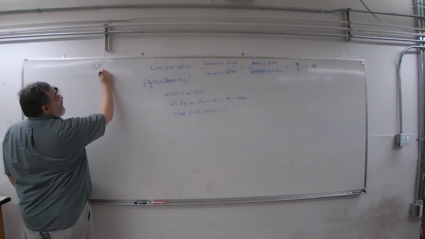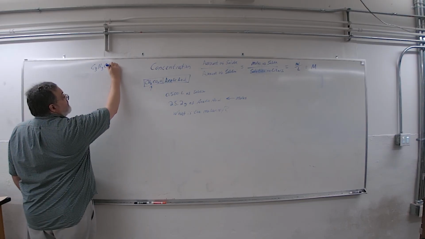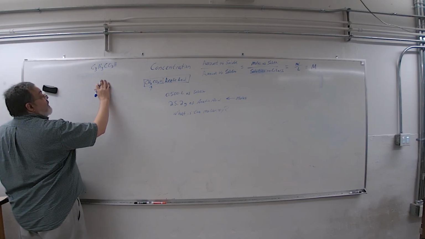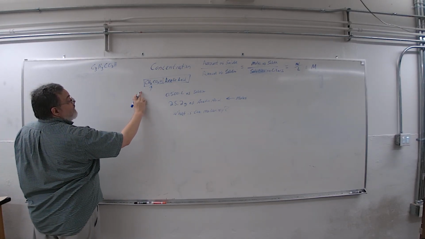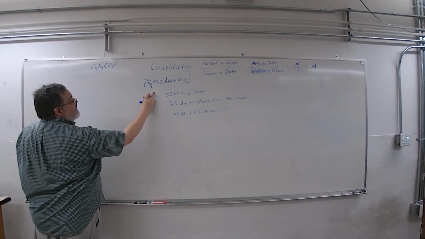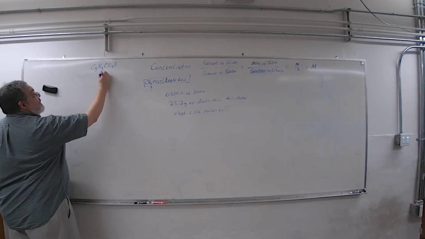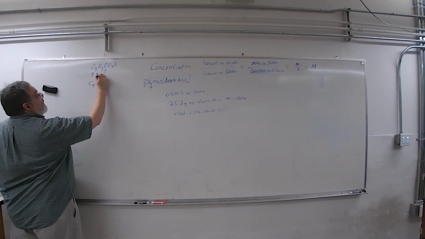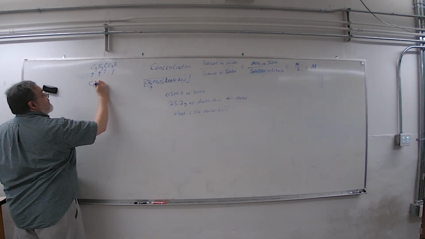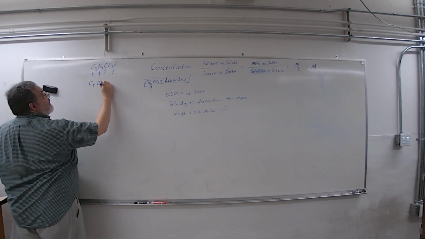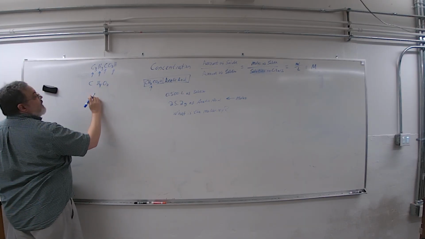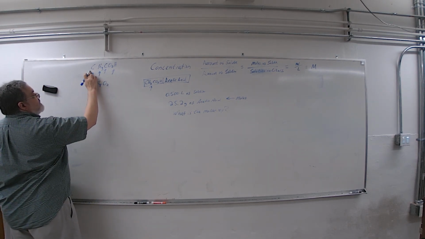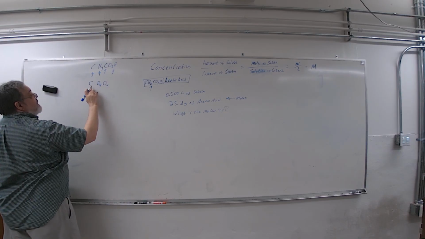CH3CO2H. By the way, that's called a structural formula. Yeah, that's acetic acid. We've got one carbon there and 3 hydrogens there, and 1 hydrogen there. There's just one of those.